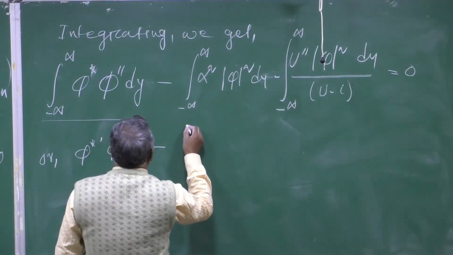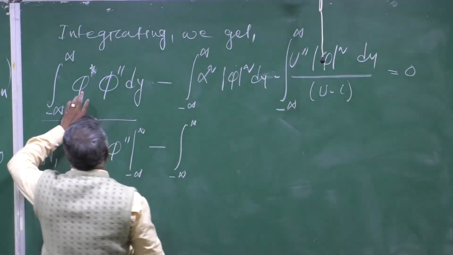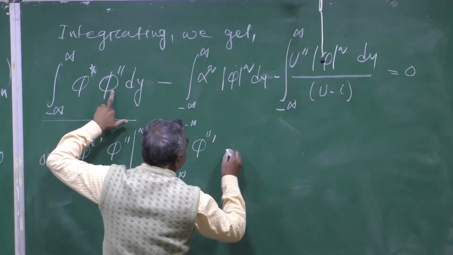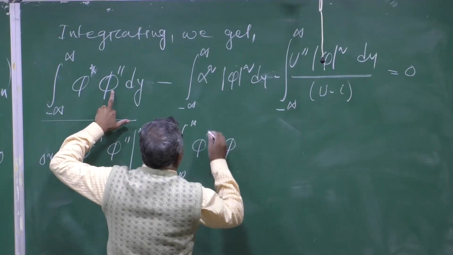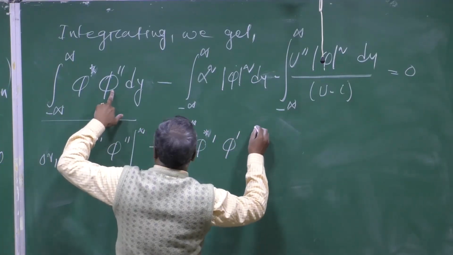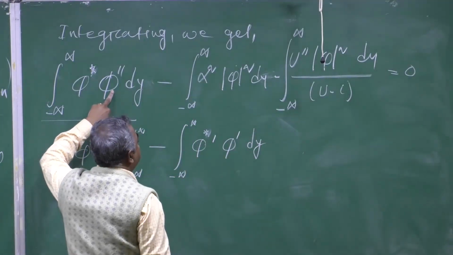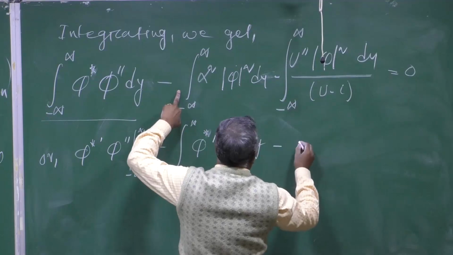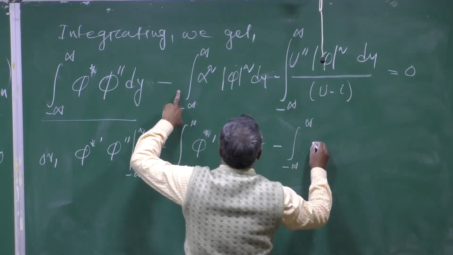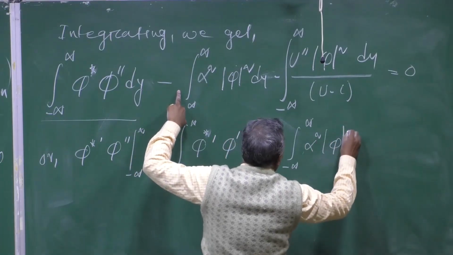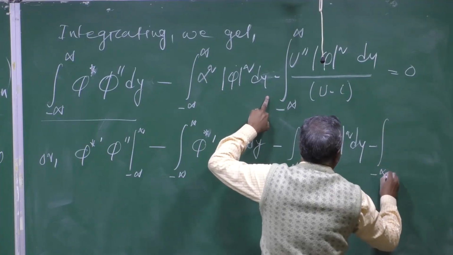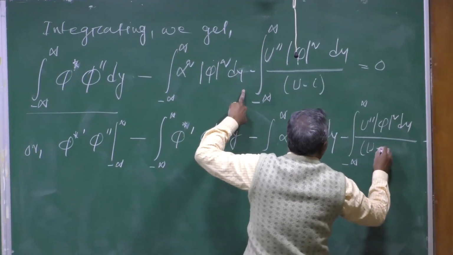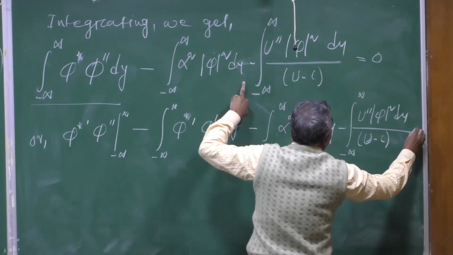Then another part is going to be there, minus infinity to infinity, with phi star prime phi prime dy, minus alpha square phi square dy, and so on, equal to 0.